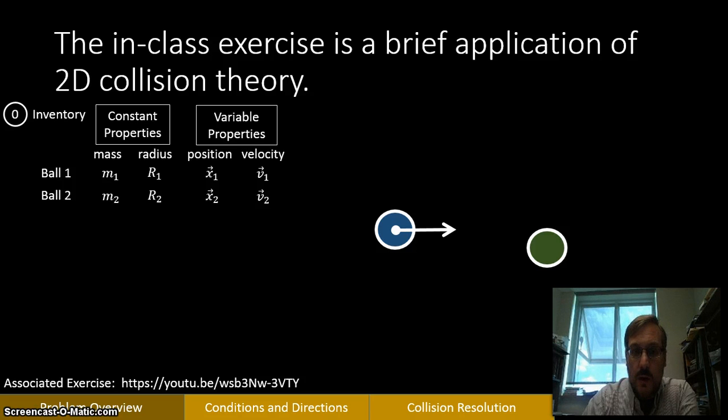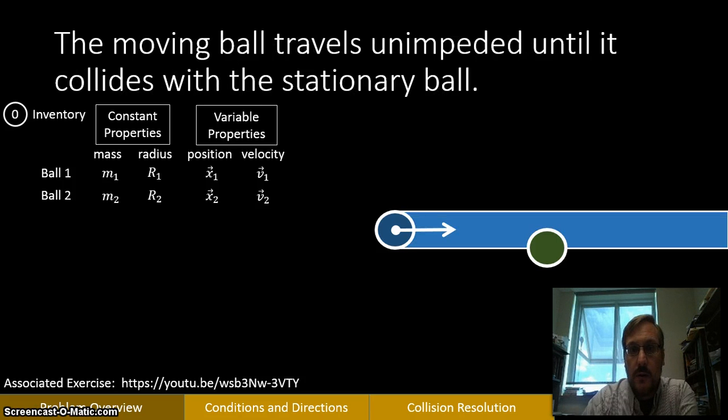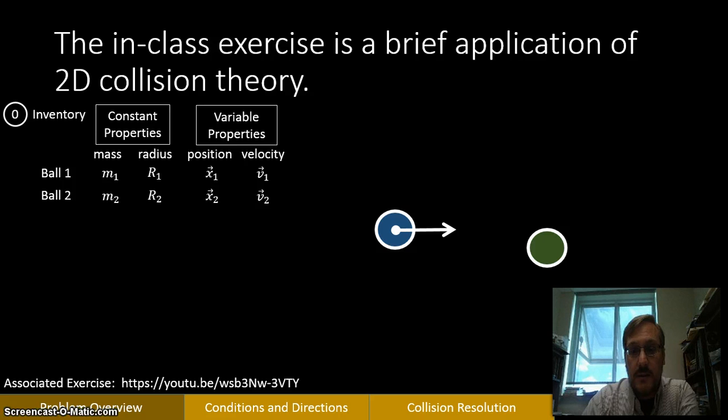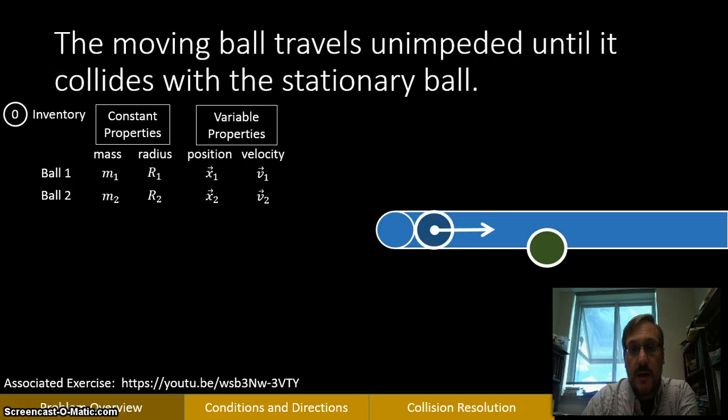So the first thing we want to look at is the collision. But before we look at the collision, we have to figure out that there's been a collision, right? So the first thing is collision detection. As the update function goes through, this ball will keep moving step by step by step until it actually hits.